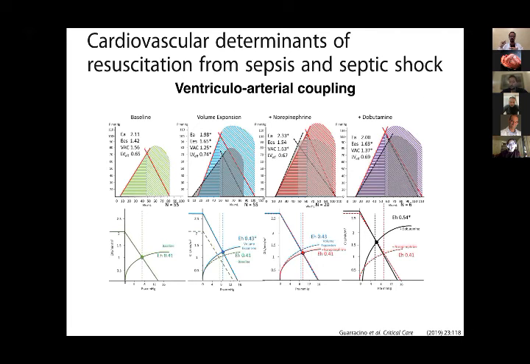This has been tried in distributive shock. And in this cohort, Guarracino and Pinsky demonstrated a very nice effect of this index, which was able to identify whether the major component of the shock was attributed to the circulatory effect in distributive shock or to cardiac dysfunction.